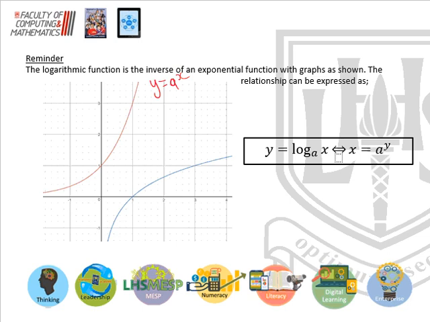Your exponential functions have x in the power and it gives you the answer. Log terms give you the answer and ask you for the power. That's what it does. So you can see here that y in your log function is a power in your exponential, and the x, the subject there, beside your base, is what the answer is when you've got your power there.